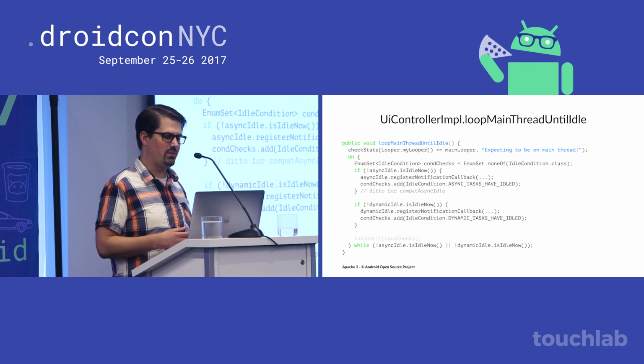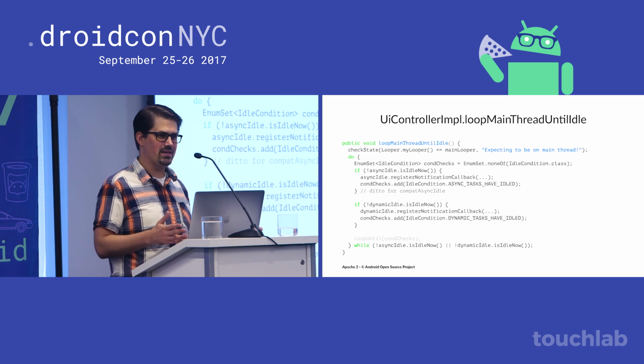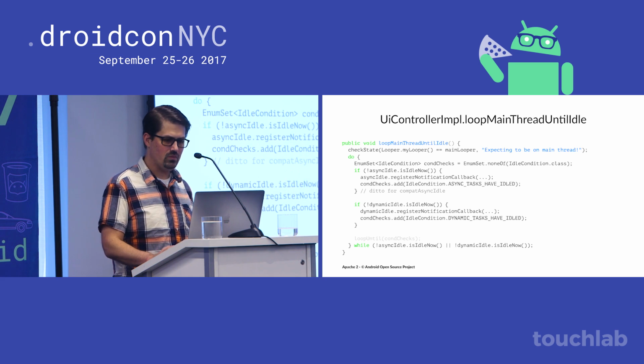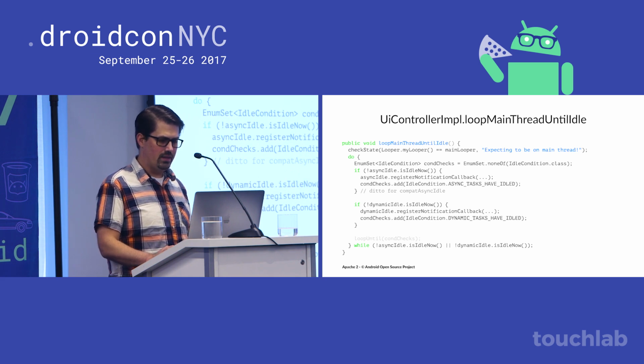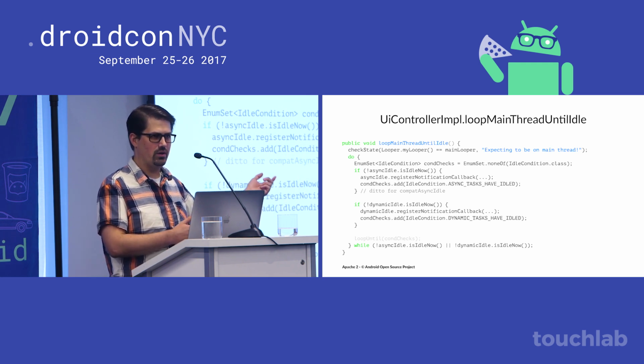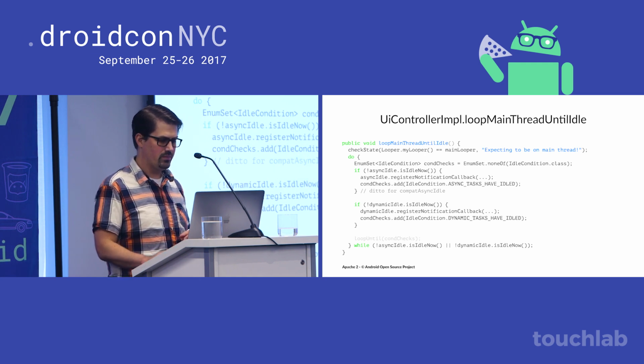So it adds dynamic tasks have idled to the list of conditions it needs to check for. It probably should be called like idling resources have idled, because it's kind of the same thing. And remember we saw at the beginning where it syncs all your idling resources into idling resource registry. This dynamic idle notifier is a wrapper around those that comes out of idling resource registry.